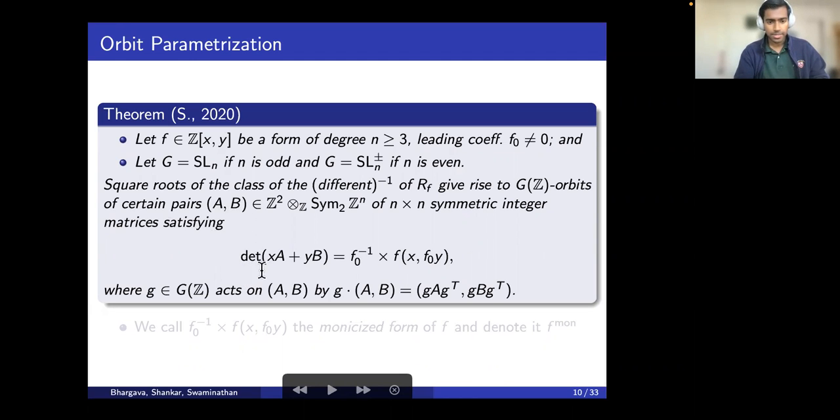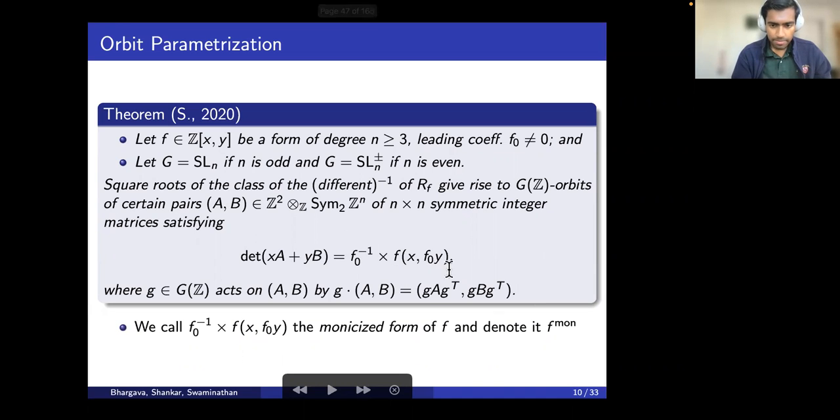It'll satisfy this relation: the determinant of xA plus yB is equal to f_0 inverse times f of x, f_0 y, where g in G(Z) acts on this pair (A, B) via change of basis. So g times (A, B) is (gAg^T, gBg^T). Okay, so that's the parametrization.